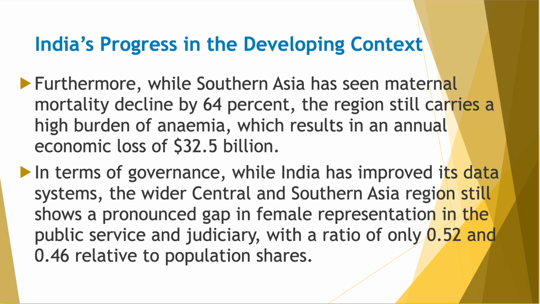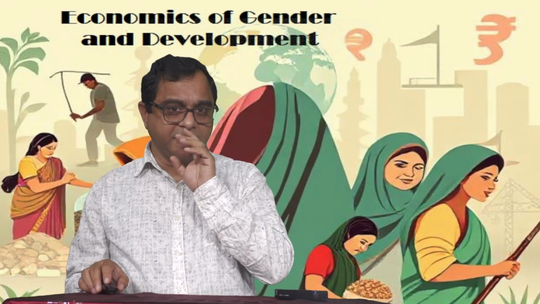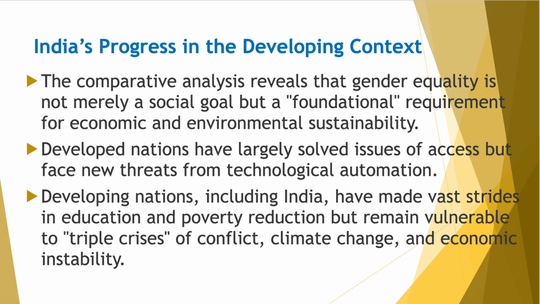In terms of governance, while India has improved its data systems, the wider Central and Southern Asia region still shows a pronounced gap in female representation in the public service and judiciary, with ratios of only 0.52 and 0.46 relative to population shares. The comparative analysis reveals that gender equality is not merely a social goal, but a foundational requirement for economic and environmental sustainability.